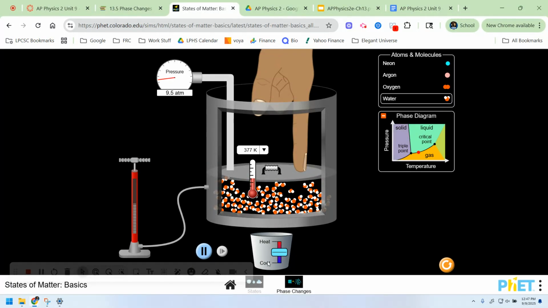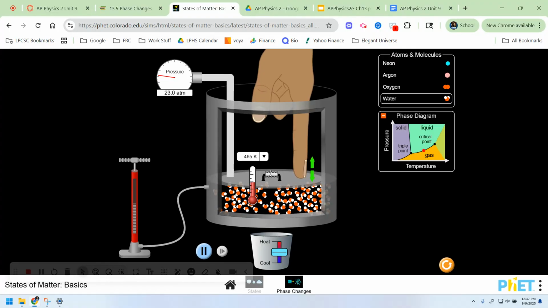Because the molecules are bouncing off, right? And now my atmospheric pressure is crazy. This is almost behaving like a liquid, but see, it's right here on this liquid border with gas. So this is our position here. Now, if I cool it off, it'll go more towards the liquid, right? So if I cool the temperature down, notice that my pressure starts to come down, and I go back towards the liquid side. Okay?